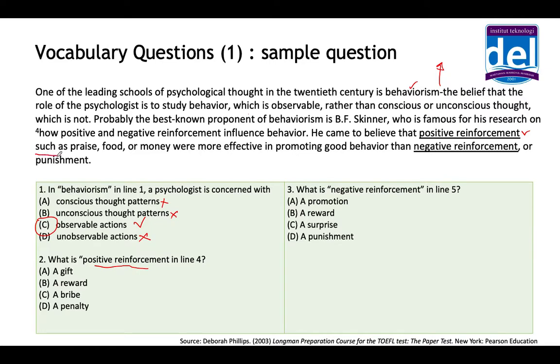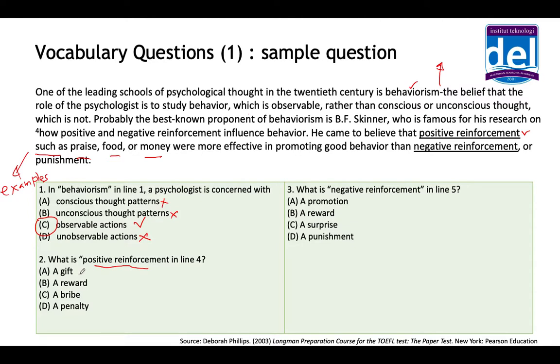Such as is an expression of examples, and this is one of the structural clues. The words after such as are praise, food, or money. So we can relate positive reinforcement with praise, food, or money. What do praise, food, and money have in common?